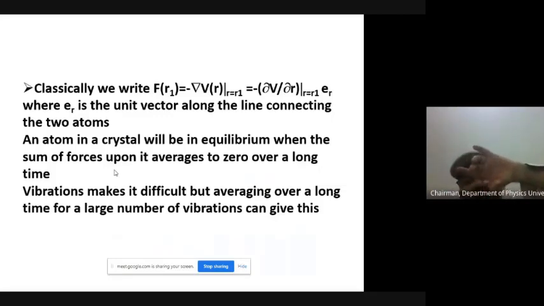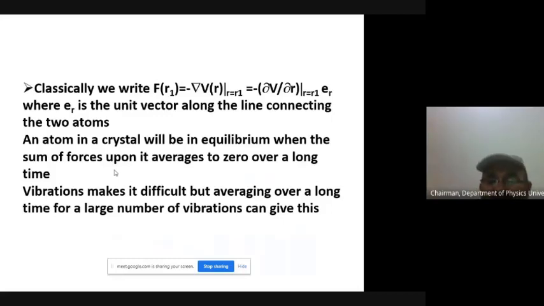If I am measuring time in nanoseconds, at one point it will be here, at another point it will be here, at another point it will be here. So over a short time, I am not correct to say that the atom is here, oscillating at this position, if I am talking in terms of crystallography. But if I take, for example, 2 seconds or 1 second, then obviously if this atom is moving, it is everywhere in this position, and that is why we give an average position to the atom.